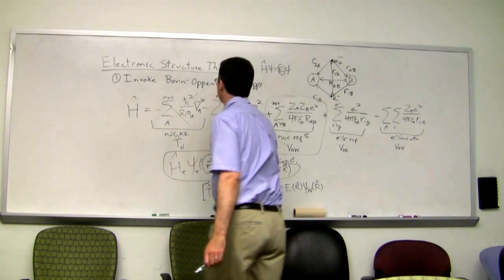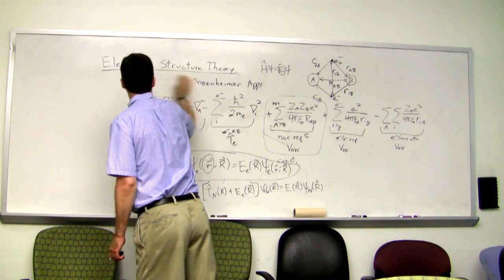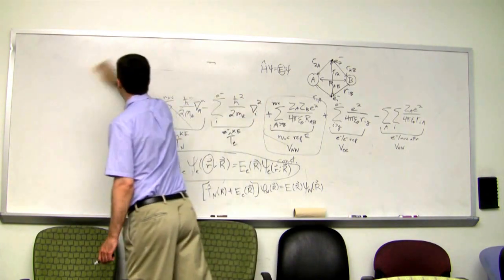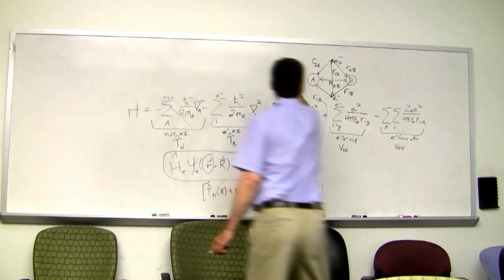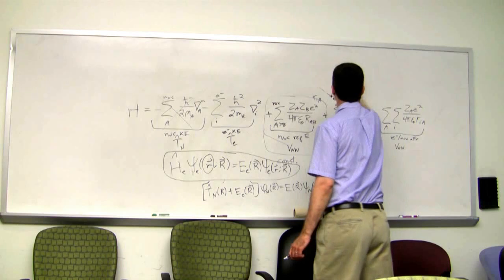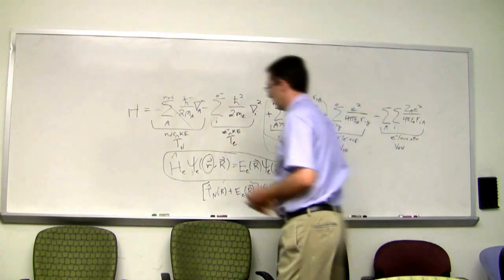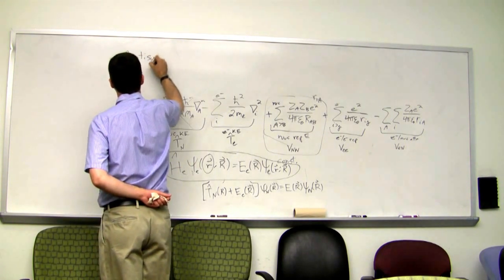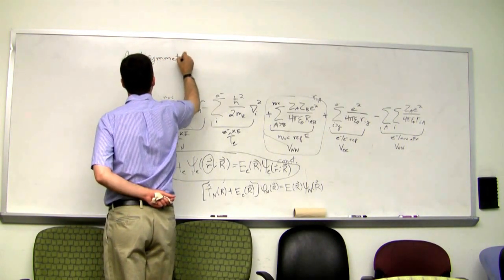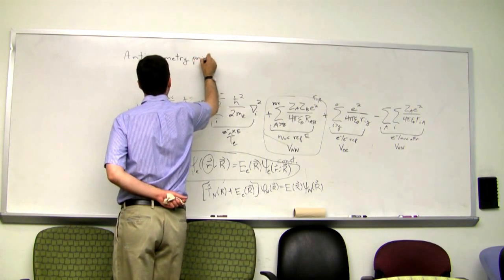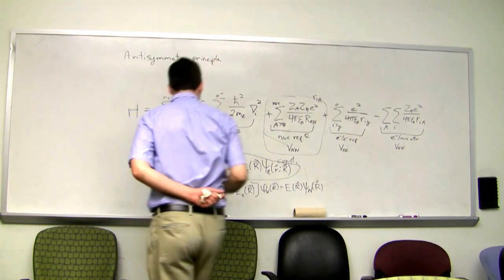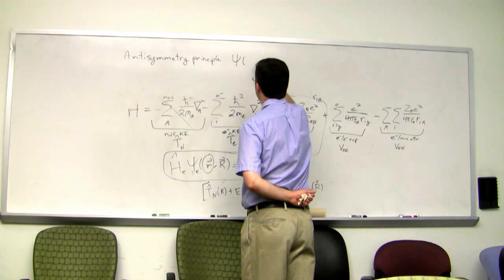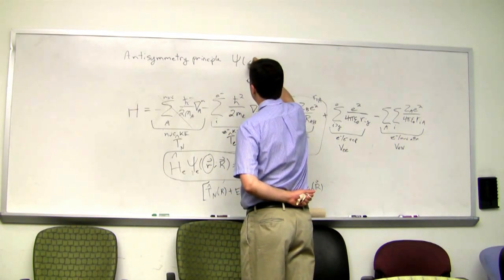So let me jot that down real quick. Now that we got that out of the way, I might want that Hamiltonian again. Save it up there for a second. So this anti-symmetry principle says that if I have an electronic wave function, let me go ahead and start using x's.